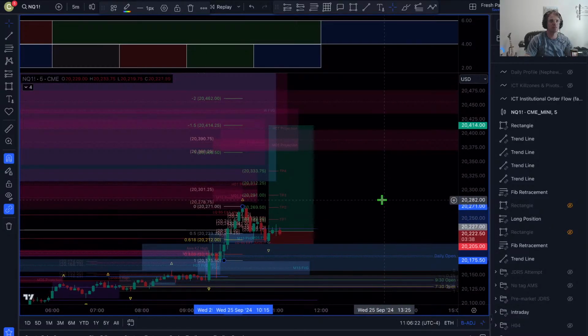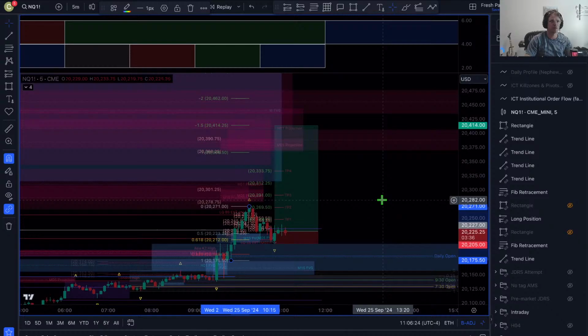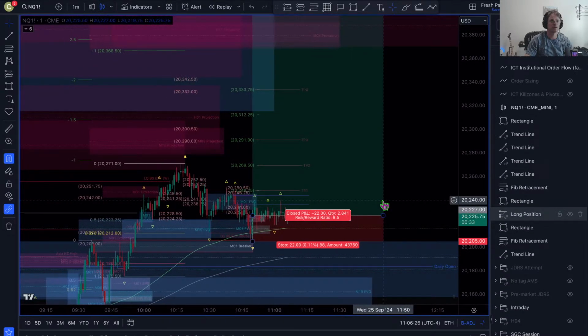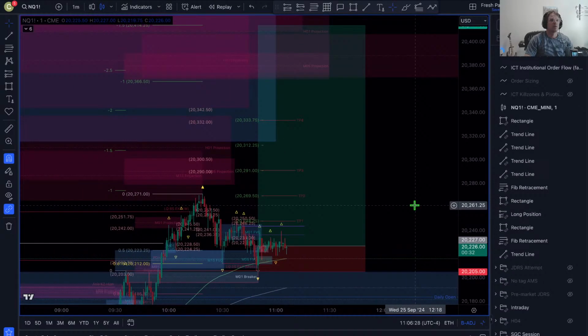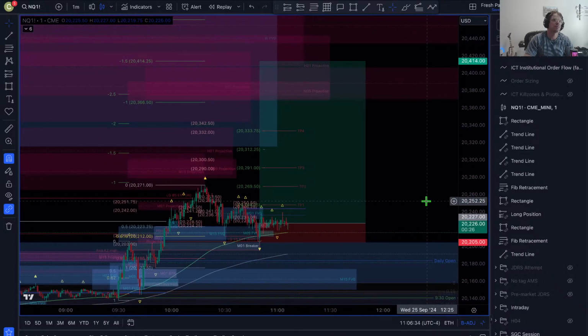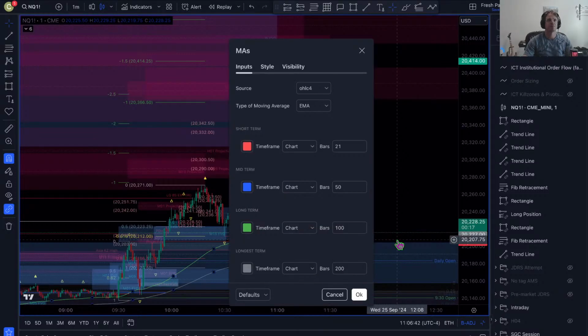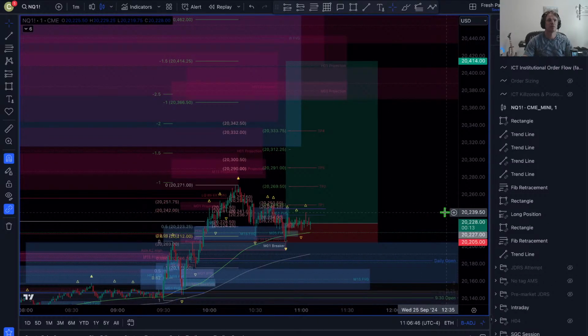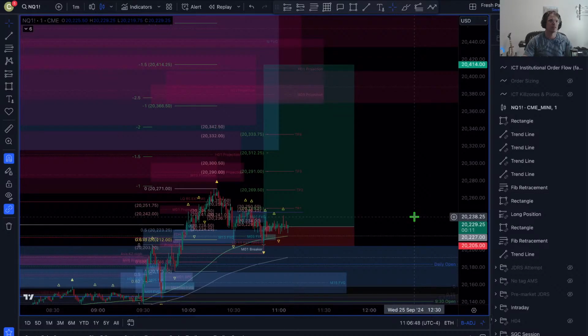Mine's 4.1. Mine would be 4.1425. See, you got the 100 EMA there that it could tap. Has liquidity. Just consolidation here.